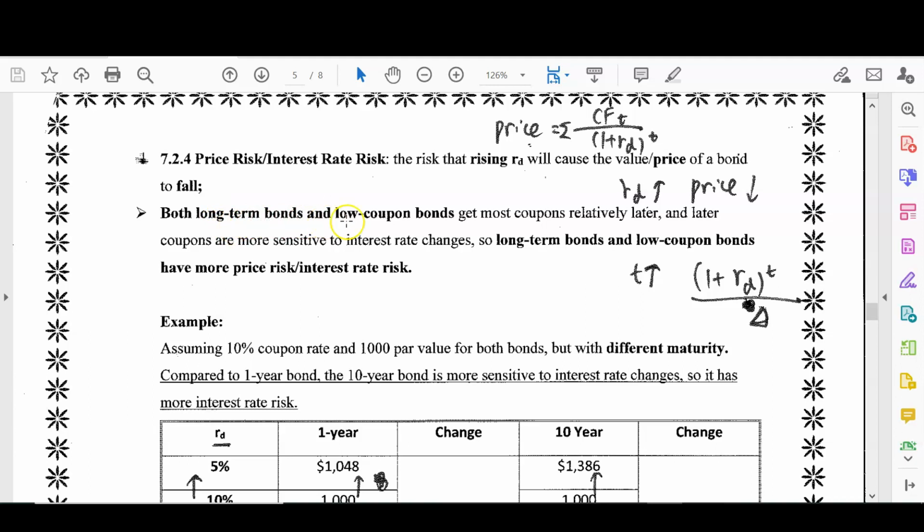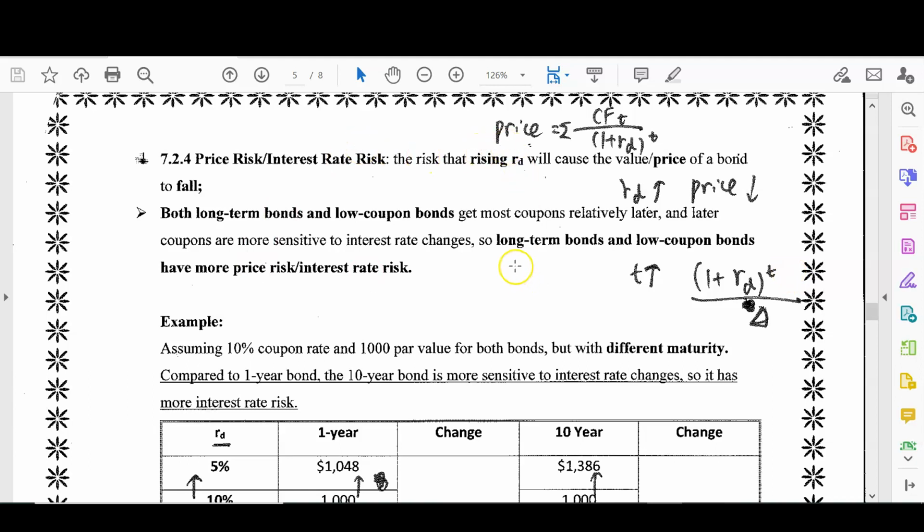Both long-term bonds and low coupon bonds get most coupons relatively later, and later coupons are more sensitive to interest rate changes. So long-term bonds and low coupon bonds have more price risk or interest rate risk. For long-term bonds, because the T in the discount rate is larger, whenever RD changes, 1 plus RD to the power of T changes more, so price changes more.